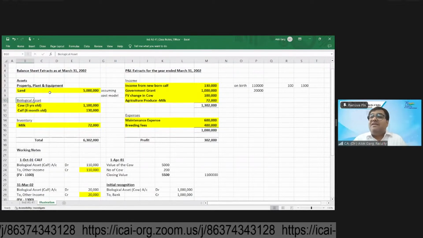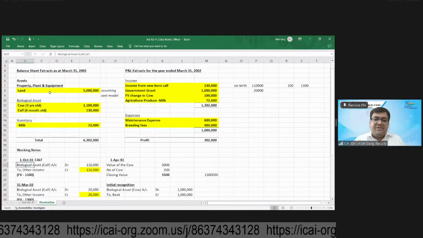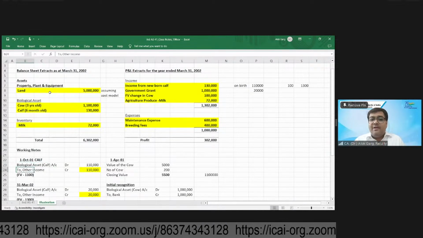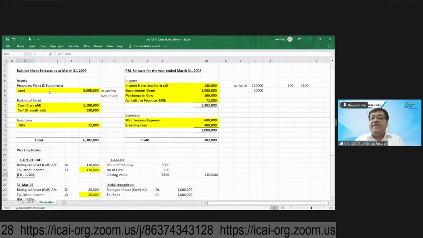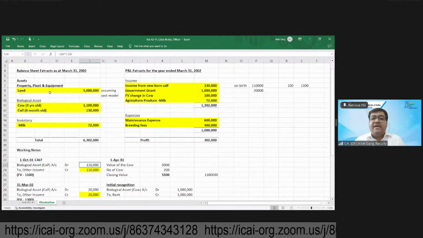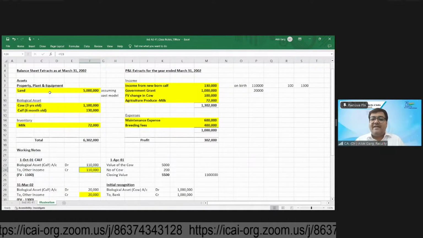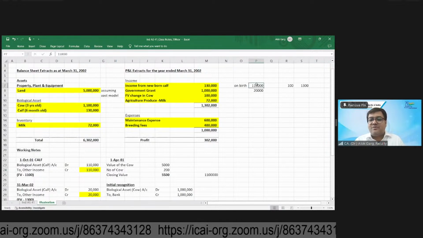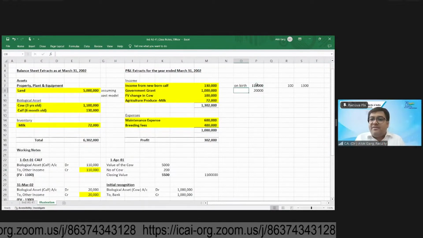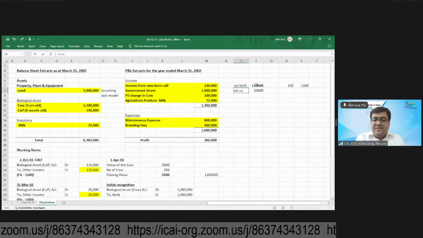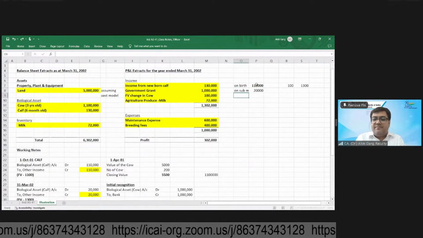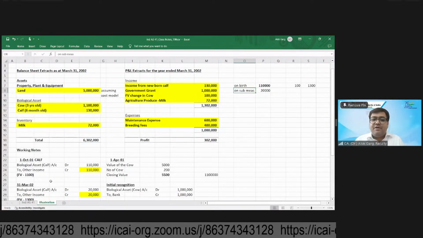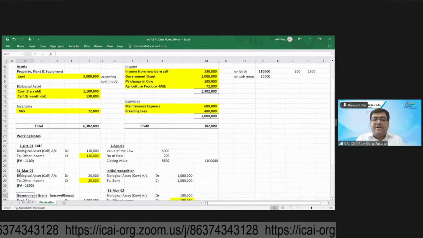Now biological asset will also come in the balance sheet. On 1st October 2001, calves were born. Biological asset calf account debit to other income. The value was 1100, multiplied by 100, 1 lakh 10,000. So 1 lakh 10,000 will go to the P&L on birth, and on subsequent measurement this 1100 value becomes 1300.